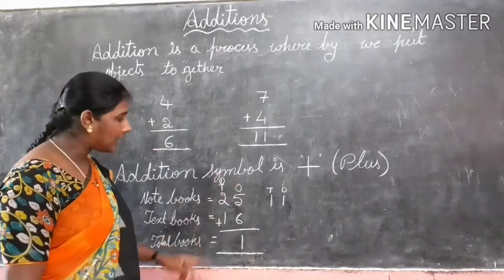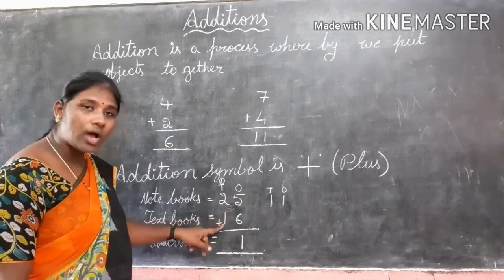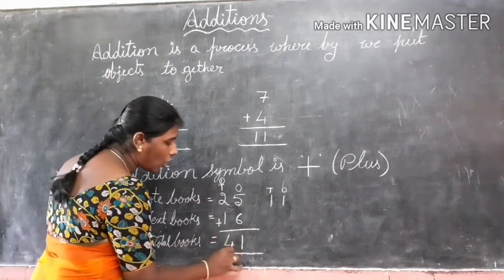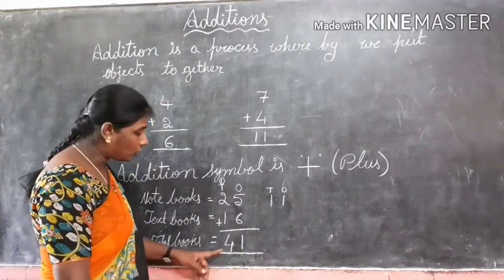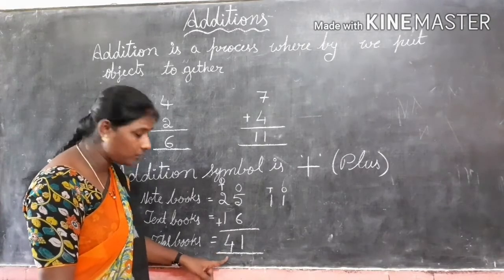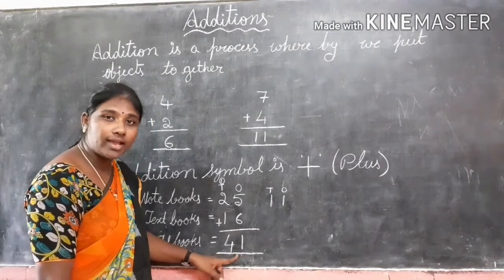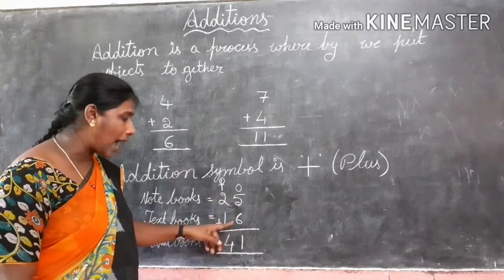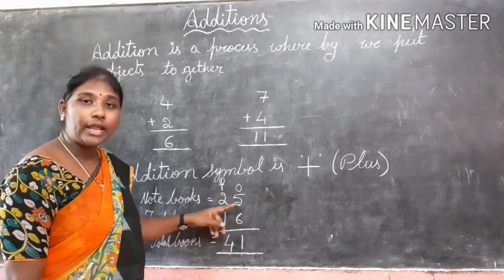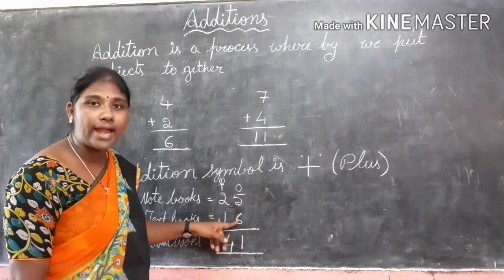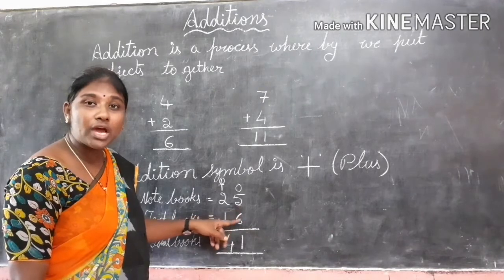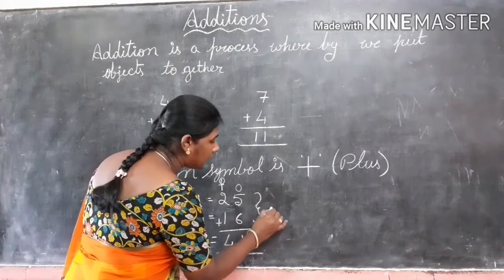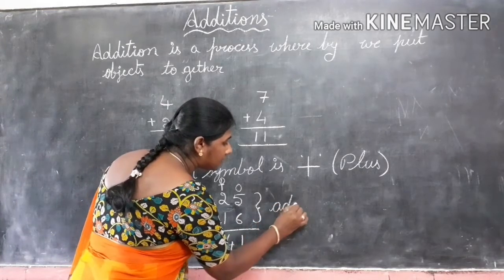Again add this: 2 plus 1 is 3, and up we write 1, so 4. Total how many books are there with me? 41 books. Here, the numbers which we use to add are called addends. These are called addends.